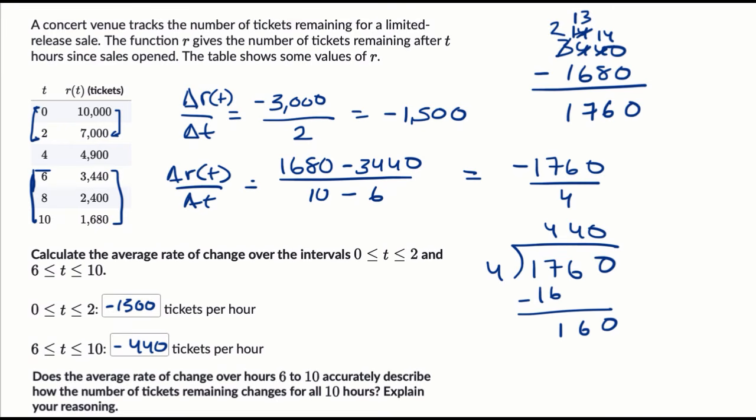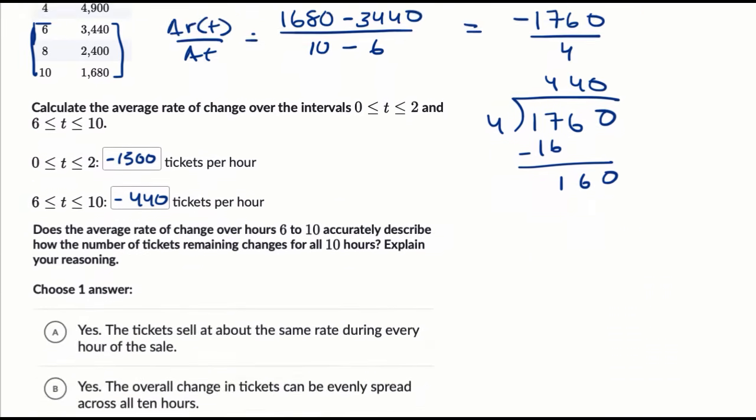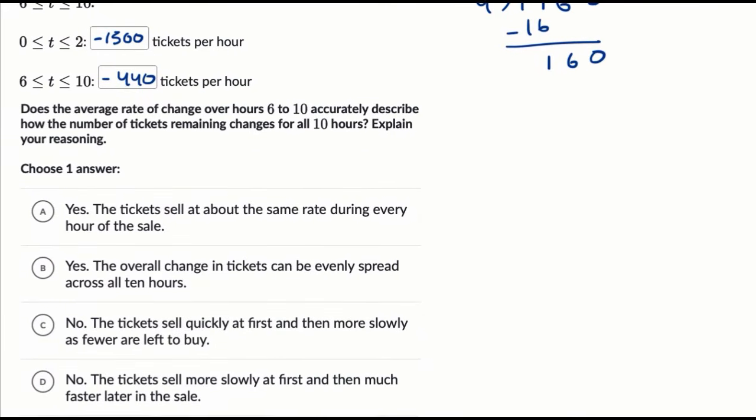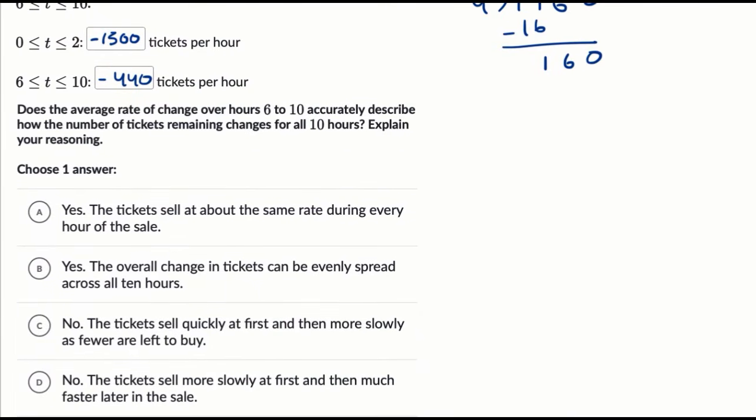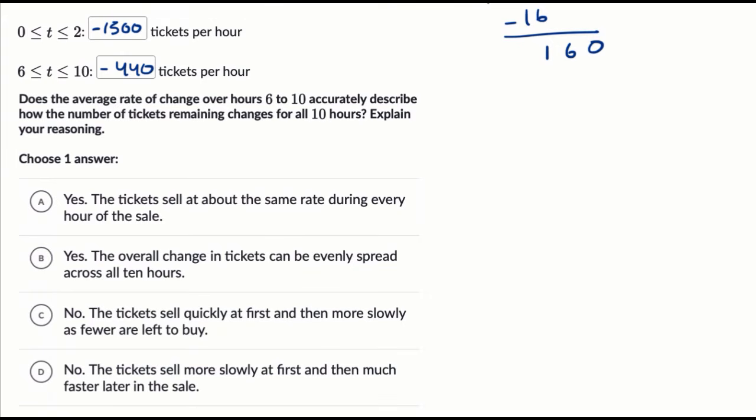So now let's see if we can use that to answer the rest of this question. Let me scroll down. They are asking us, does the average rate of change over hours 6 to 10 accurately describe how the number of tickets remaining changes for all 10 hours? Explain your reasoning.